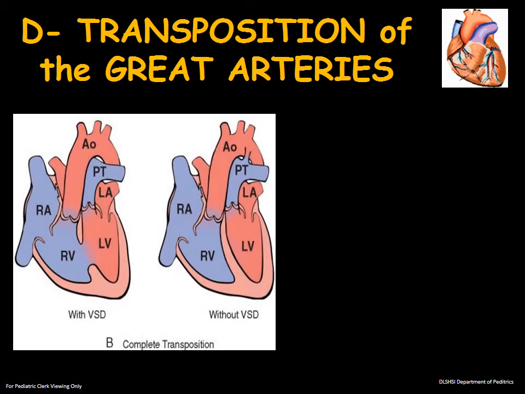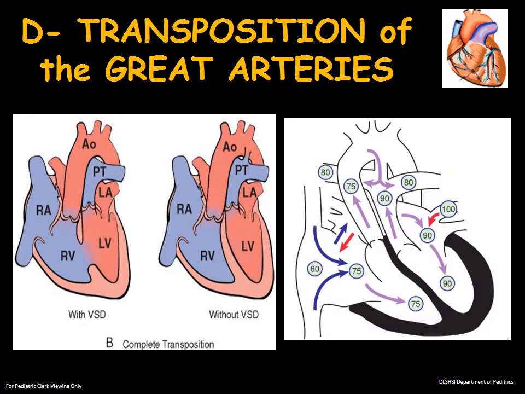Transposition of the great arteries usually can have a VSD or an intact ventricular septum. The blood flow is usually cyanotic because you have transposition of your great vessels. From the right side arises your aorta, which is deoxygenated, and then no mixing will happen.